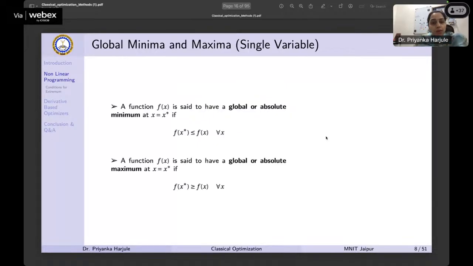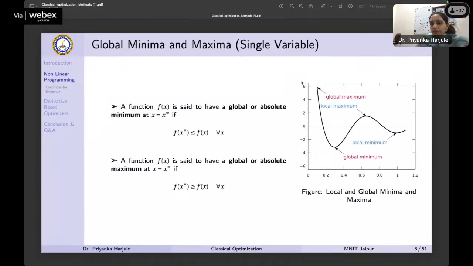Similarly, we define the global minimum, or the absolute minimum as we call it. It is the same as the local minimum but extended to the entire domain of the function. Supposing you have a single variable function, the global minimum is the point at which the function's value is the lowest as compared to all other points in the domain, as you can see here.